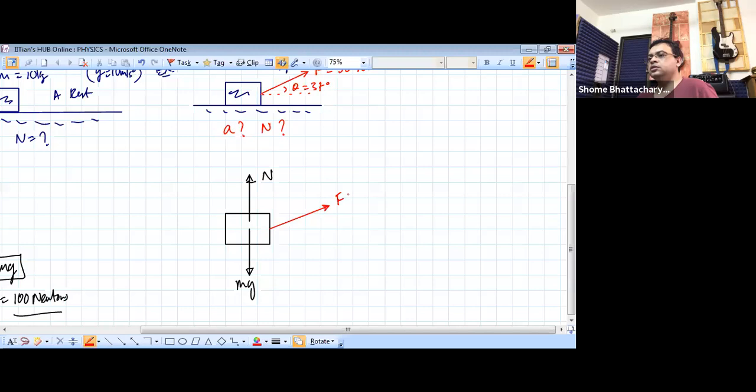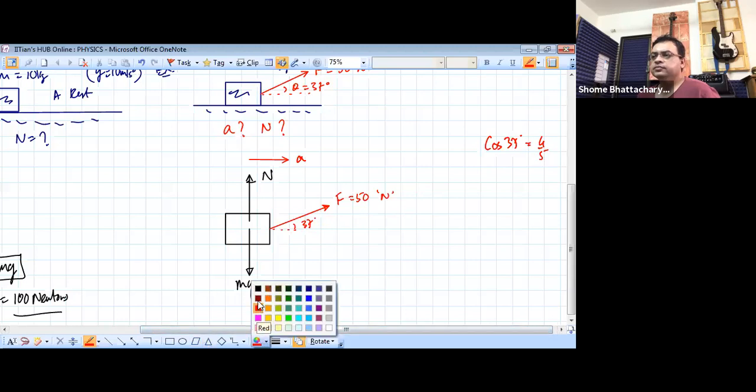This force is 50 newtons acting at an angle to the horizontal of 37 degrees. And we also understand one thing: the acceleration of the block will be in the horizontal direction. Just use the value cos 37 is 4 by 5. And the mass of the block we have taken as 10 kg. So this is 100 newtons.